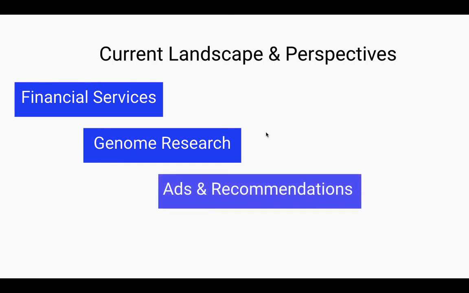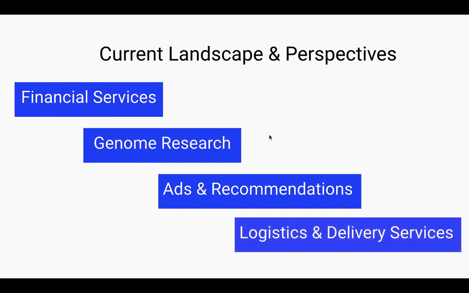And it's also used in ads and recommendations. A typical use case is Google. They make heavy use of data science tools to build their ad engine. And more advanced logistics and delivery services also make use of data science, right? So whether you work in financial services, general research, ads and recommendation, or logistics and delivery services, all of this comes with some fancy titles, right?